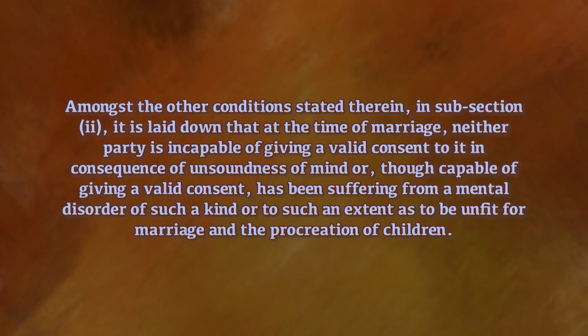Amongst the other conditions stated therein, in subsection 2, it is laid down that at the time of marriage, neither party is incapable of giving a valid consent to it in consequence of unsoundness of mind, or though capable of giving a valid consent, has been suffering from a mental disorder of such a kind or to such an extent as to be unfit for marriage and the procreation of children.